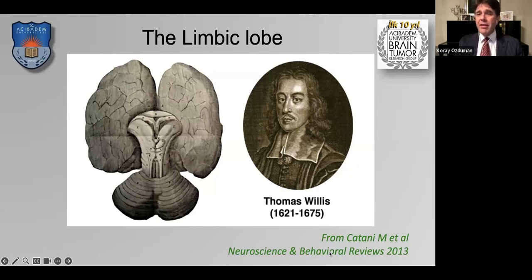Willis told us that there's a portion of the cortex that lies like a belt around the brainstem and the thalamus, so the central core of the brain. The cortex that lies around the central core like a belt, he called the limbic lobe. Limbus means the lip or the surroundings, the belt that is surrounding the central core of the brain.